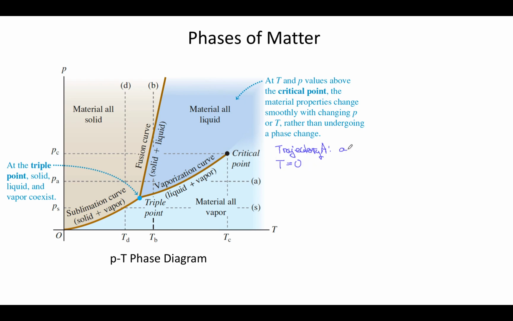Trajectory A at constant pressure, we're going to increase the temperature. T equals 0, solid. Keep increasing the temperature. The solid gets warmer and warmer until it gets to this point right here. And then what happens? At that temperature, it starts to melt.